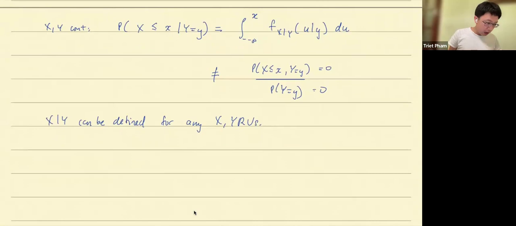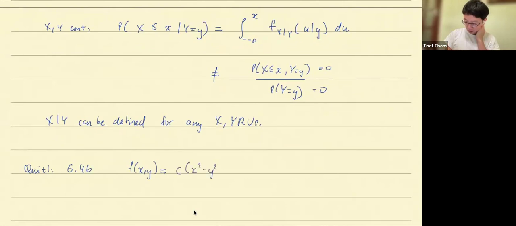Let's look at one last example today, which is 6.46. Here you have the joint density as C times (x squared minus xy) e to the minus x, for minus x less than or equal to y.